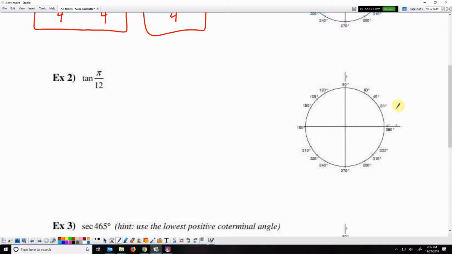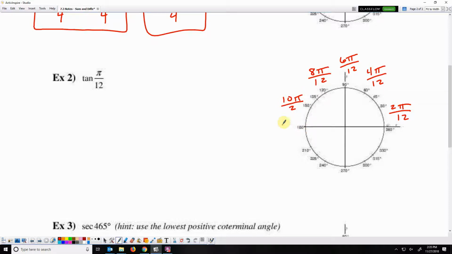So 1/6 is 2/12. 2/6 is 4/12. 3/6 is 6/12. 4/6 is 8/12. 5/6 is 10/12.